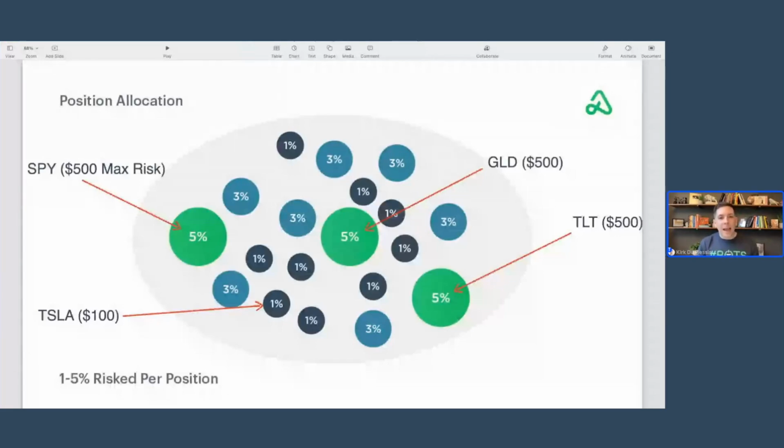If you allocate 1 to 5% per ticker symbol, that's your goal. That's like your North Star metric, 1 to 5% per ticker symbol. So if you have one trade in gold in GLD, that one trade has to be $500 of risk or less.